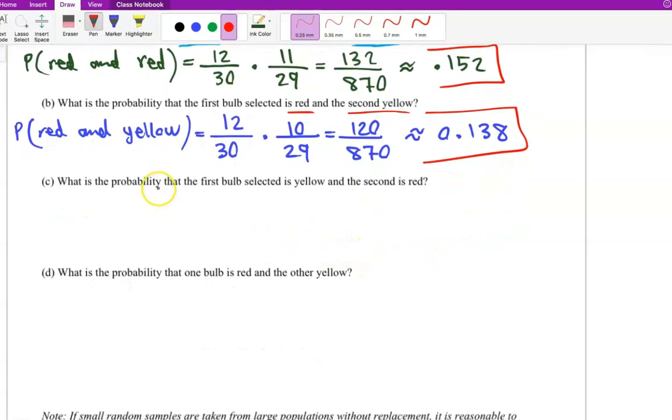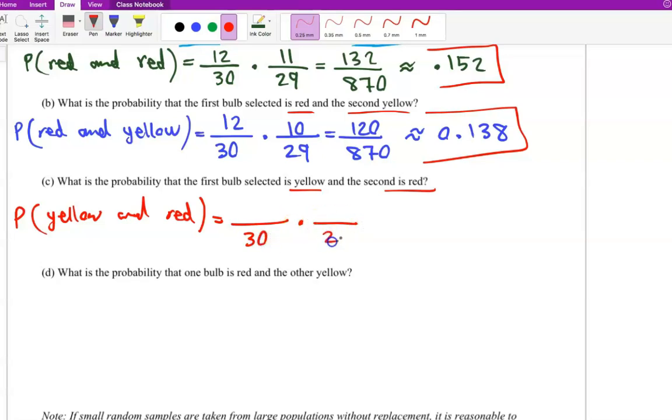Now part C, what is the probability that the first one is yellow and second is red? So here is yellow, and second try, we have red. So in total, we have 30 here, multiplied by, here in total, we have 29 after choosing one.